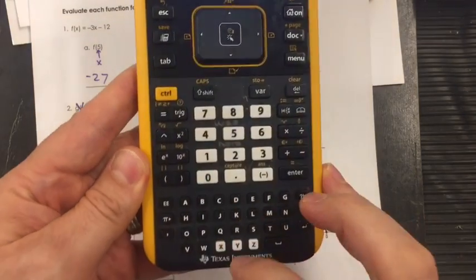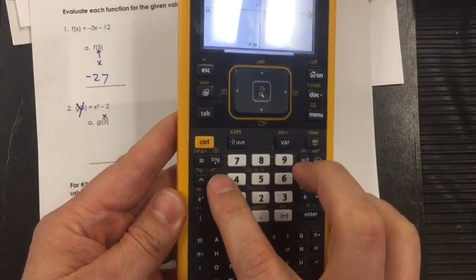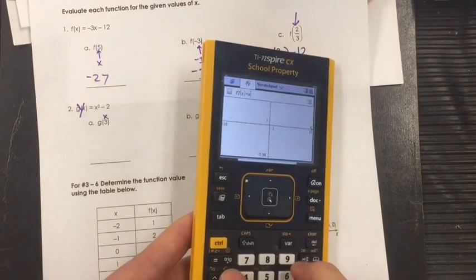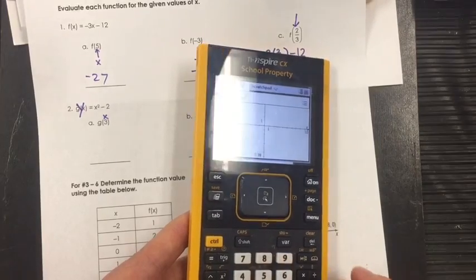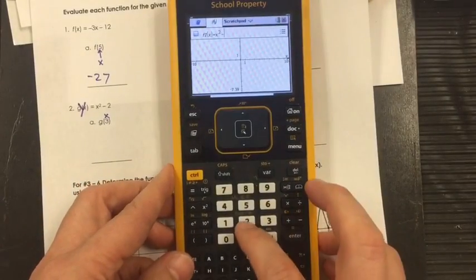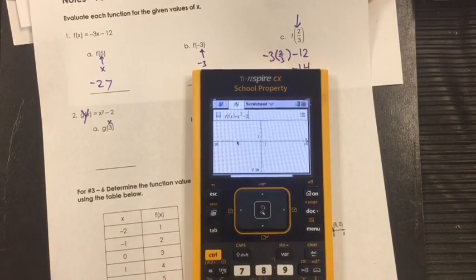Now notice I still had to put in x. Just because it has x squared on the button, all that really does is put the exponent of 2 on the x that I entered. So I have x squared, now I subtract 2, push enter. So there's my graph of my function.